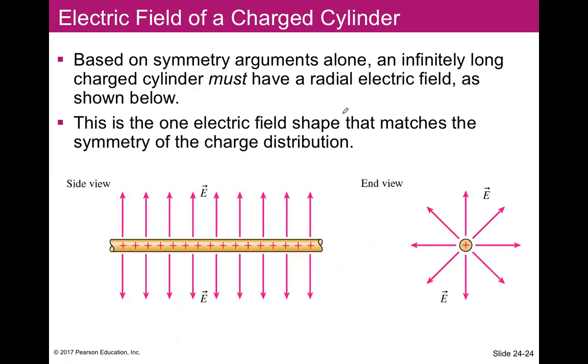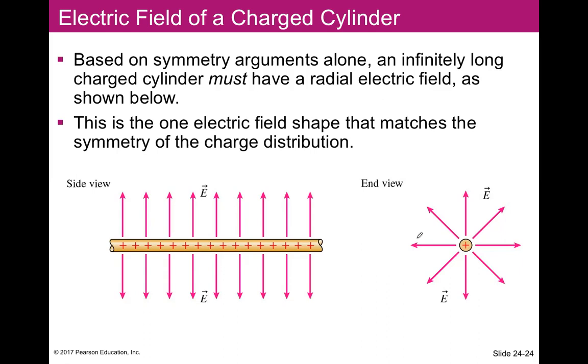must have a radial electric field as shown below. If you see this inside view, what you see is here. And if you look at it in, let's say, the cross view, it is showing in this direction. Does that make sense?